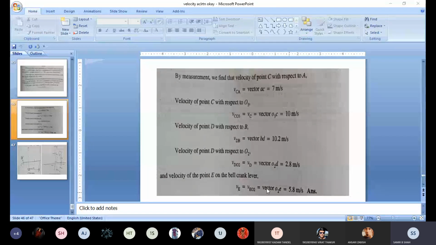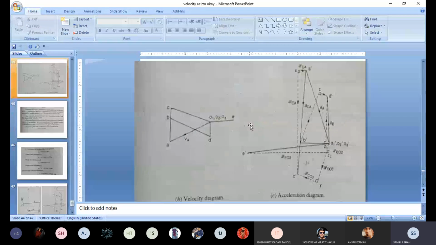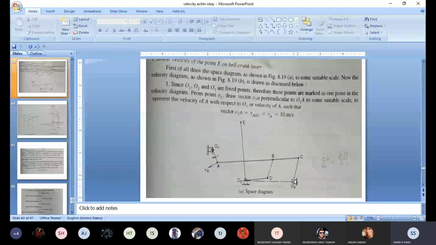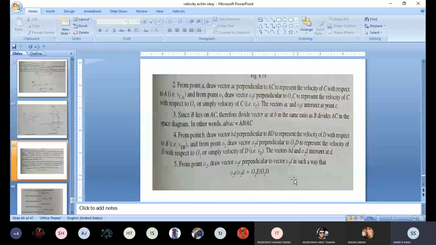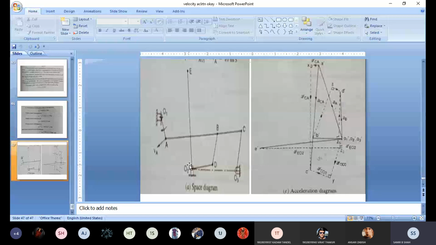Now we start with the acceleration diagram, where three points are fixed, as we know very well in the velocity diagram also: O1, O2 and O3. To compare the space diagram with the acceleration diagram very easily, I just put both diagrams on one slide.